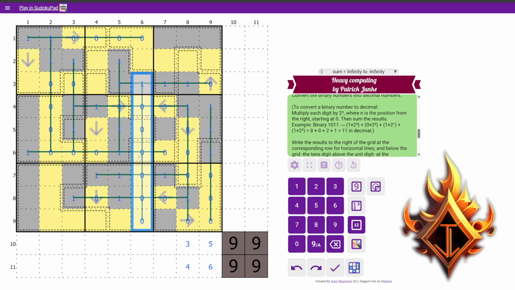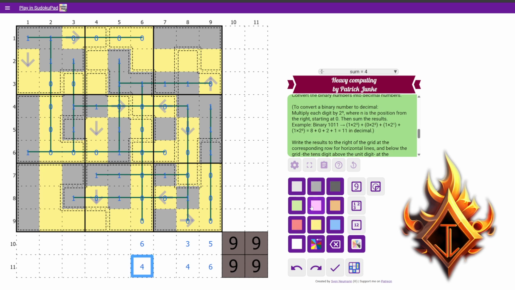This one is 1, 2, 4, 8, 16, 32, 64, quite simply, as this one is the only one that is on, that is in the 2 to the 6th power position.